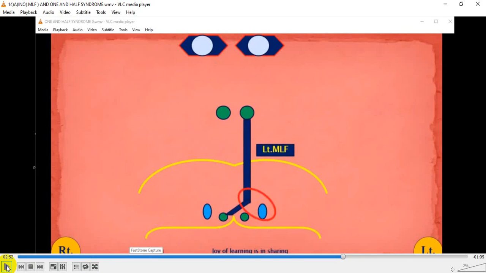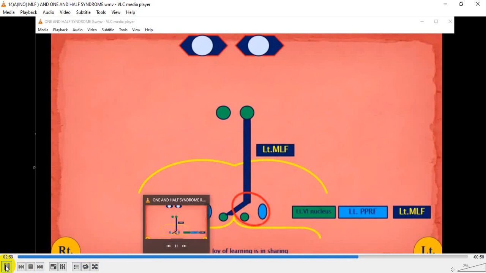Or you can have involvement of 3 structures: the abducent nerve, the PPRF, that is the parapontine reticular formation, and the left medial longitudinal fascicle, and that can produce 1.5 syndrome. So the components of 1.5 syndrome will be shown here.